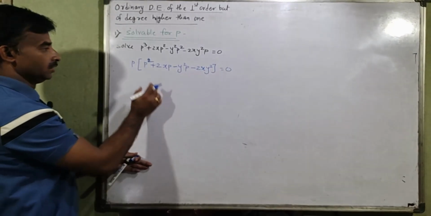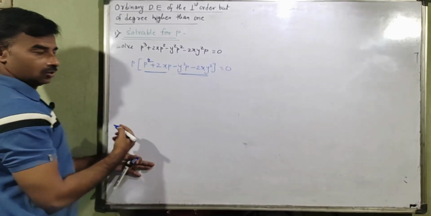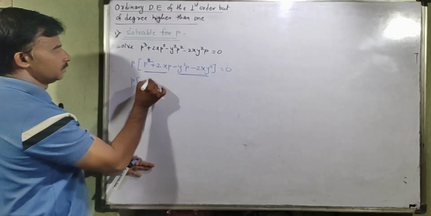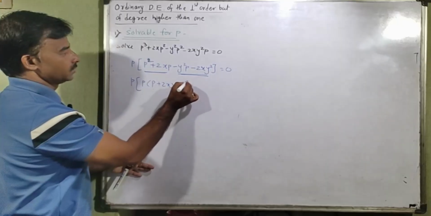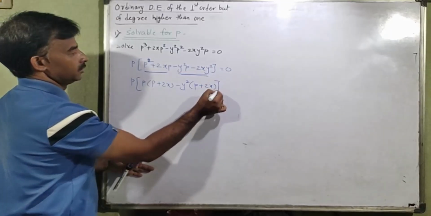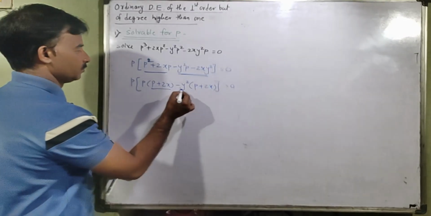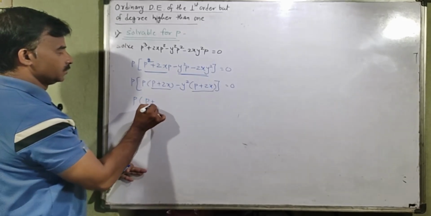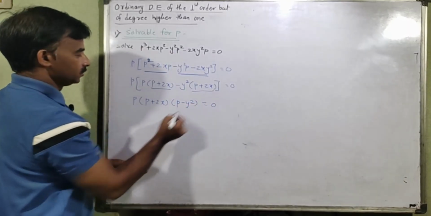Then taking a group of these two terms, here p is common, and therefore p plus 2x is there, minus y square is common, then inside the bracket p plus 2x is equal to 0. Then this p plus 2x is taken common, and you will get p plus 2x, and inside the bracket p minus y square is equal to 0.